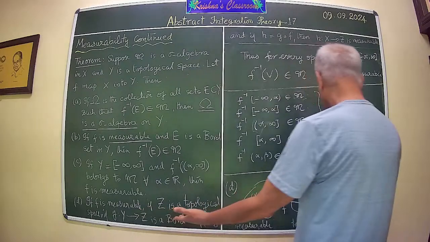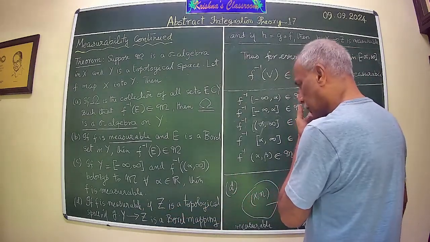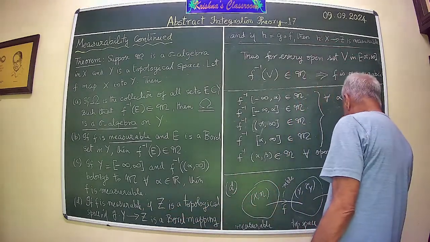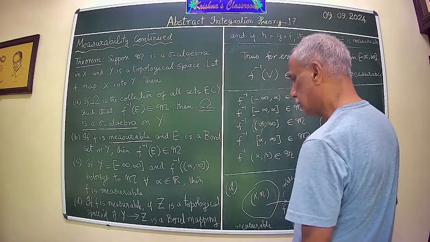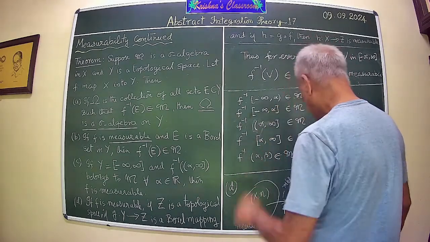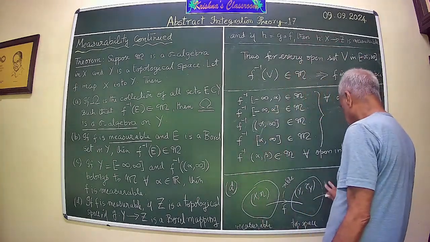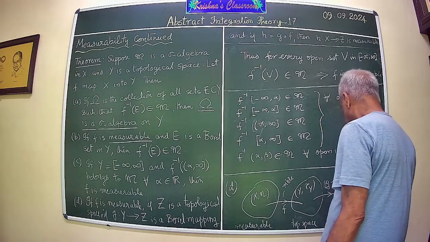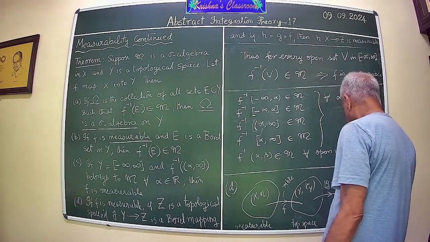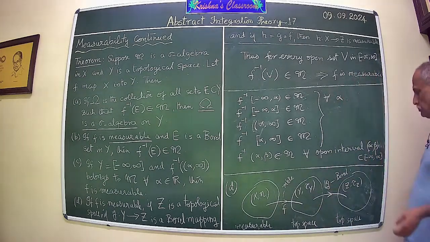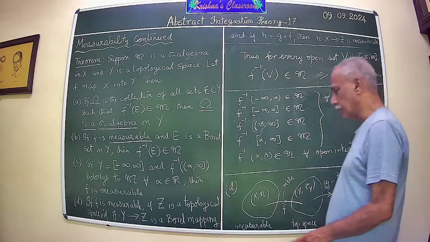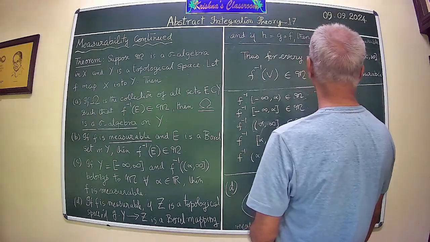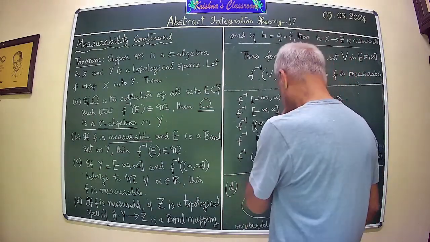These two are topological spaces. So you see that G from Y to Z is assumed to be a Borel map. Okay. Then what you conclude is that H is measurable.